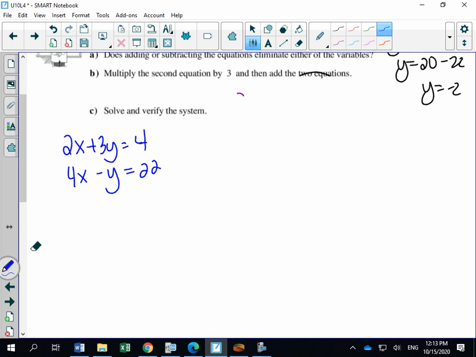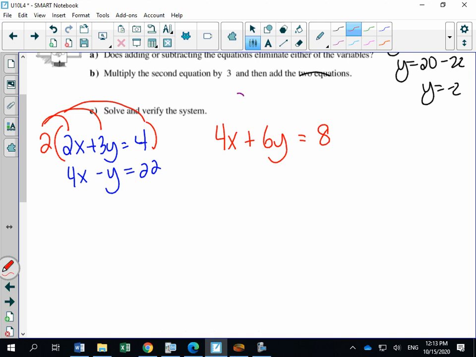So let's say my first system, I'm going to multiply everything by 2. What you would get is 4x's plus 6y's is equal to 8. The second system, I'm not doing anything. 4x's minus 1y is equal to 22.